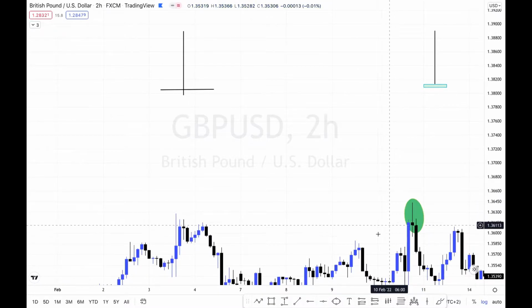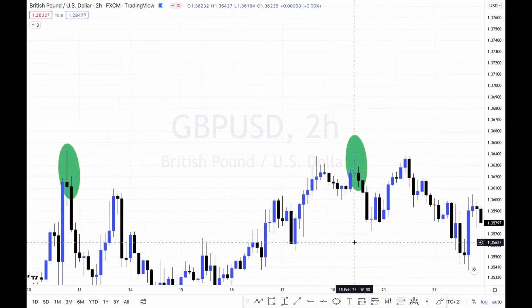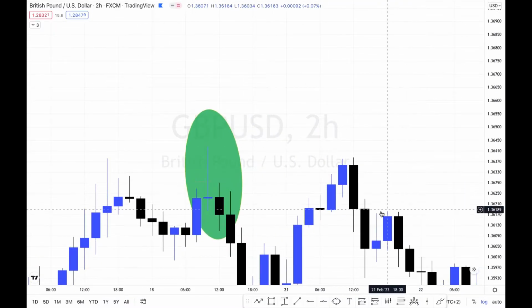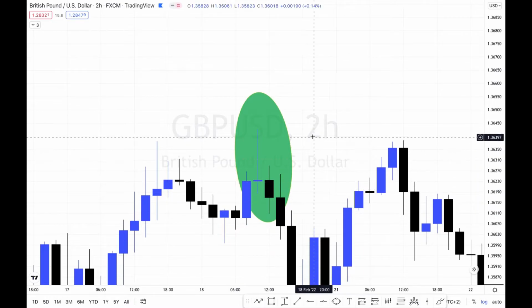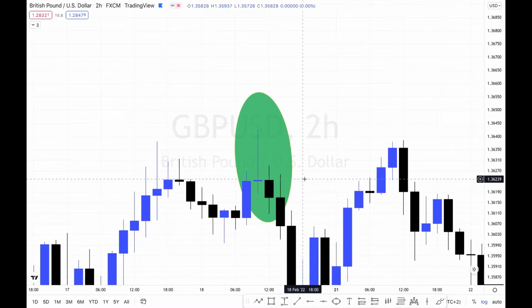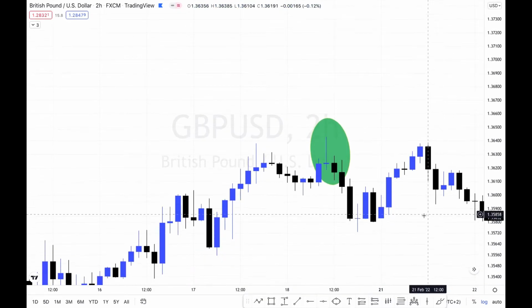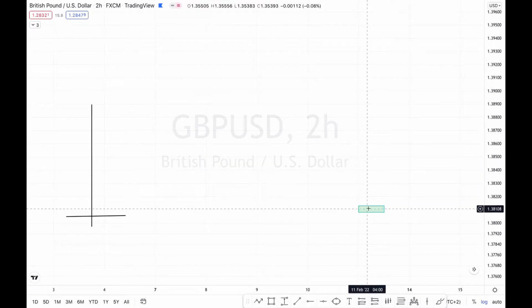I meant this candle, this gravestone doji. You can see that the body is blue, which means it's a bullish body, but the space that was covered by the sellers in the markets is way bigger than the small body. So this is a bearish candle, even if it has a bullish body. When this happens, this shows exhaustion of the buyers in the markets, thus moving the markets down.